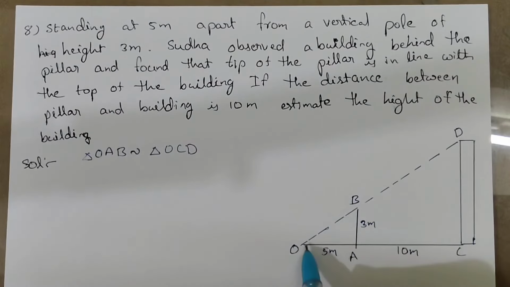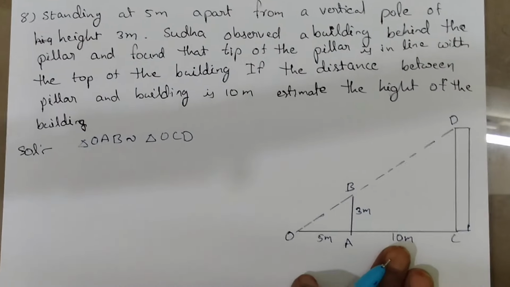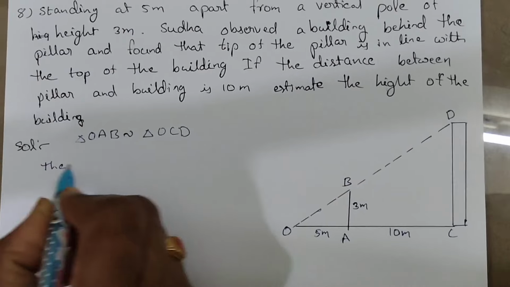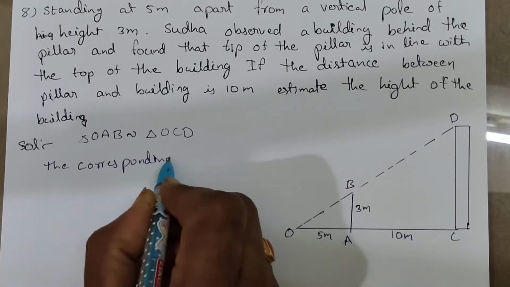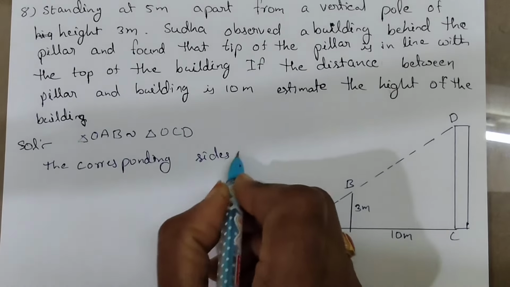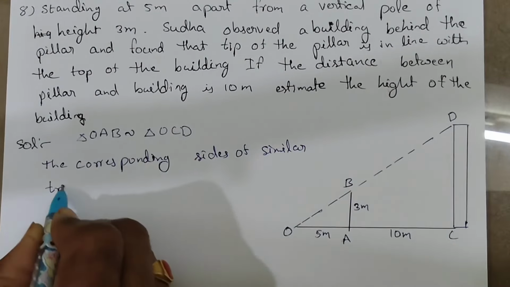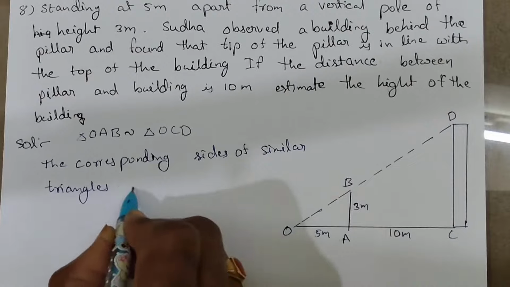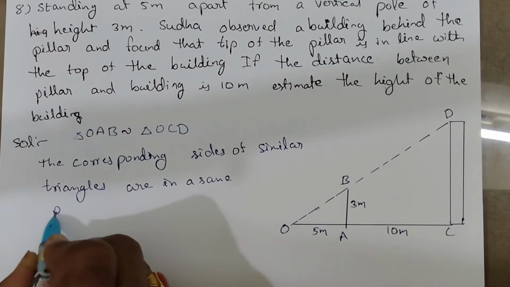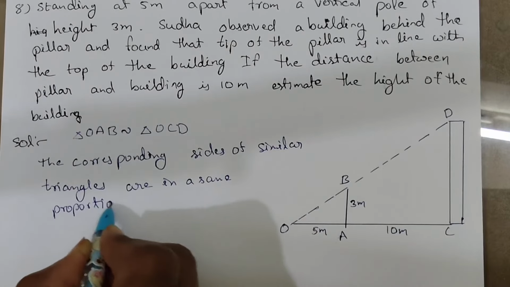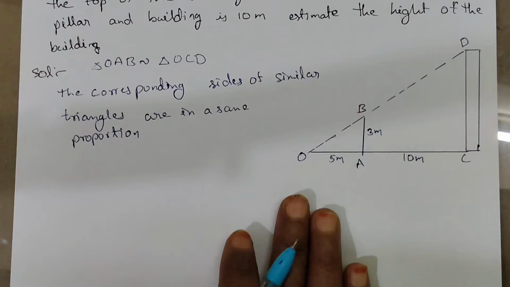The corresponding sides of similar triangles are in the same proportion. That's why we write that these sides' ratios are equal.